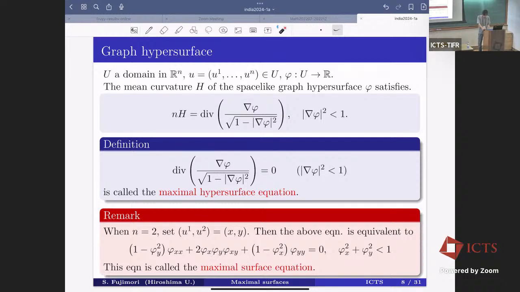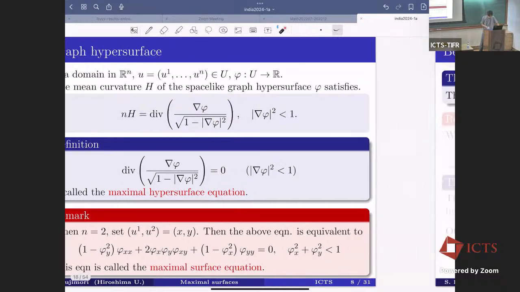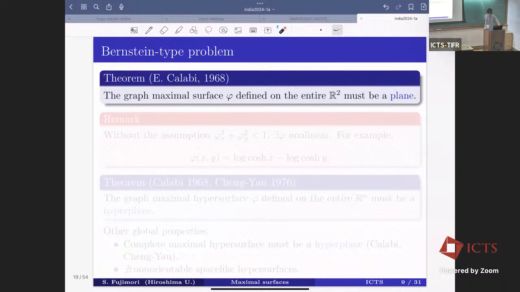But we need this inequality for the surface to be space-like. So this is a kind of big restriction. Okay. So by using this equation, Calabi showed that a graph maximal surface defined on the entire R^2 must be a plane.